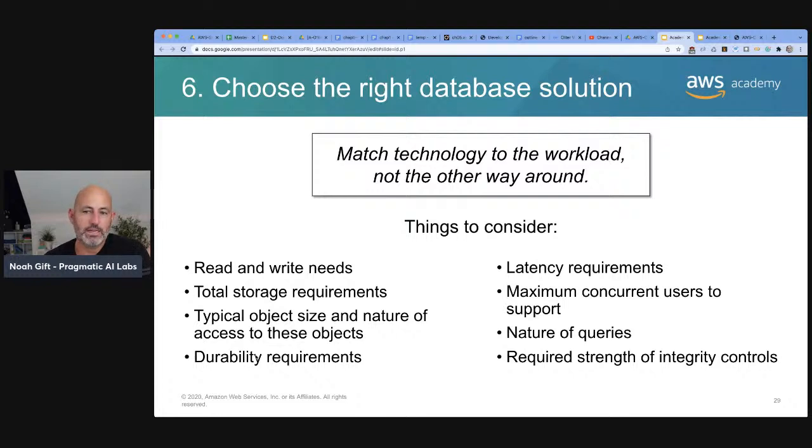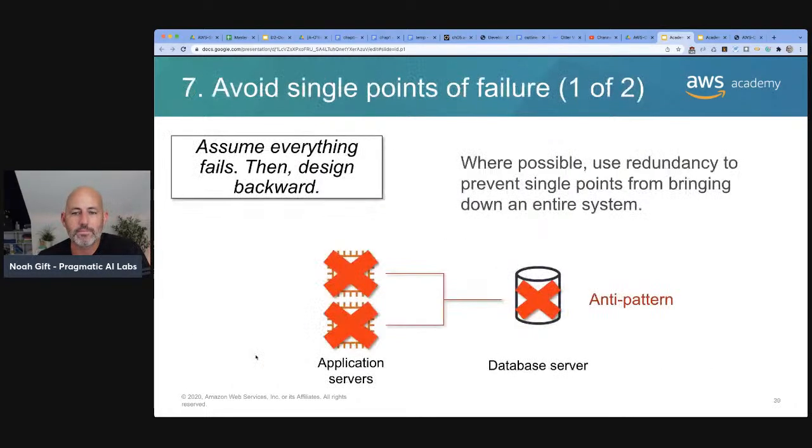So this is a best practice with AWS: don't always immediately go to a relational database just because your web framework, for example, told you to, and your friends are angry at you if you use some other solution. You need to choose the right database for the problem at hand, and avoid single points of failure as well.